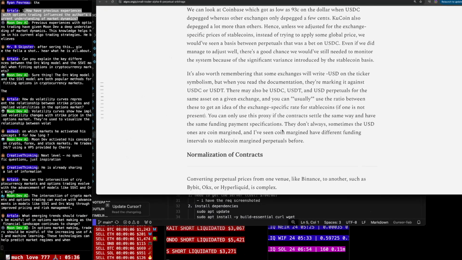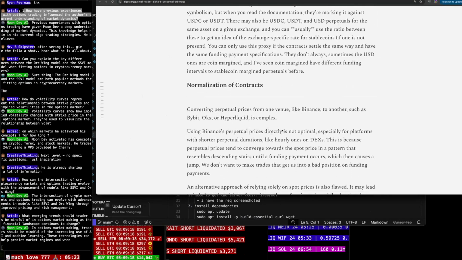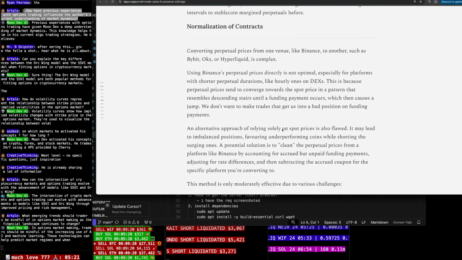They don't always. Sometimes the USD ones are coin margined, and I've seen coin margined have different funding intervals to stablecoin margin perpetuals before.